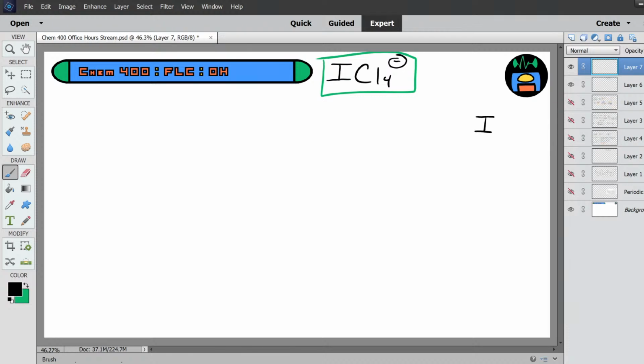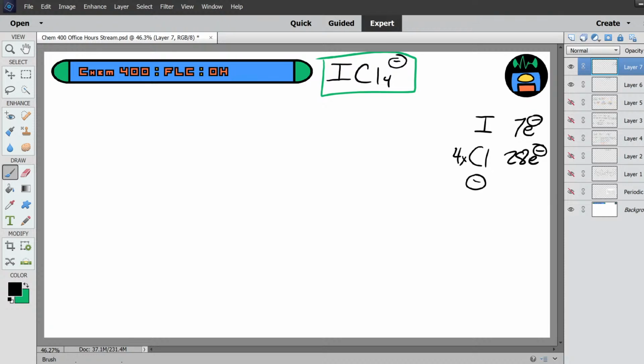So the first thing we have to do is set up the total number of electrons. Iodine has 7 valence electrons. Chlorine has 7, but we have 4 of them, so it's 28.